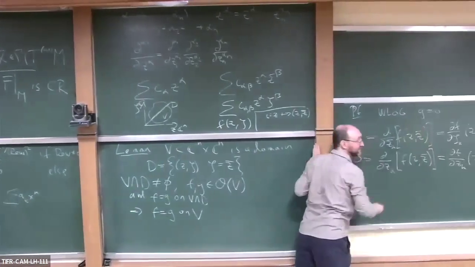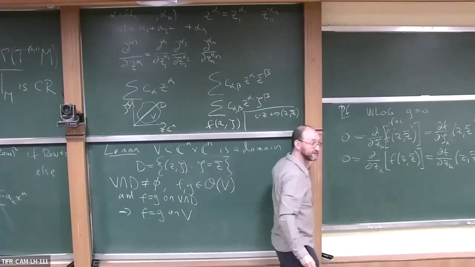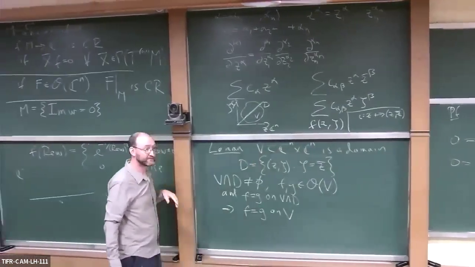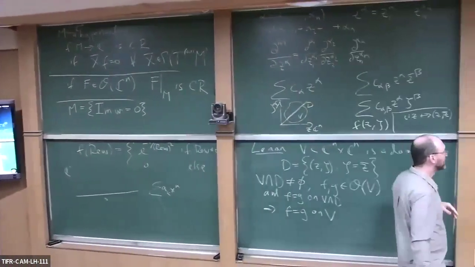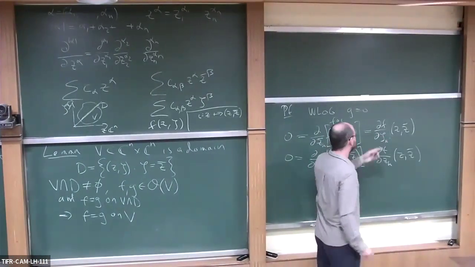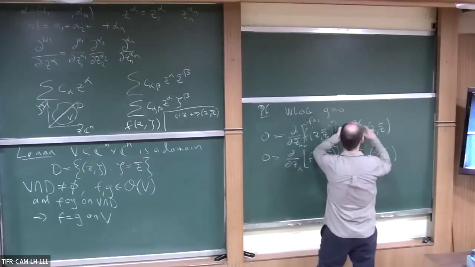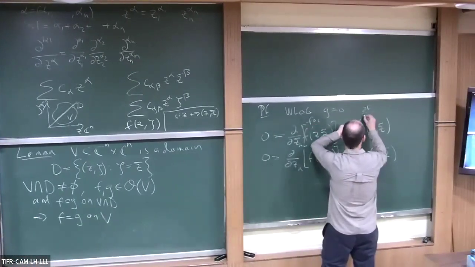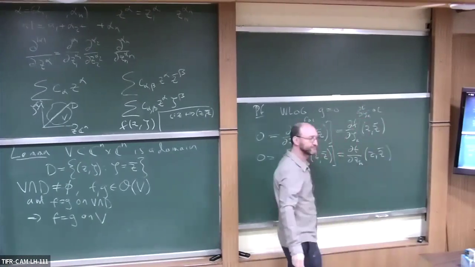What's over here is really F composite iota. Whereas over here, that's really the derivative of F. This is the derivative of this, whereas this is the derivative with respect to zeta k composite iota.